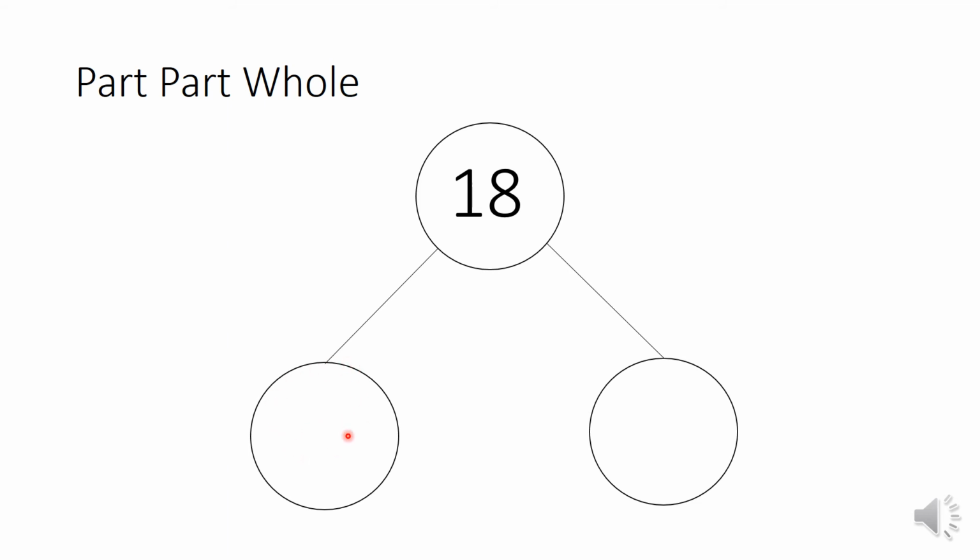Remember that circle is showing us our tens. Well done, I am going to write the number 10. And what number am I going to write in this circle to show the ones? 8. Well done, because 10 and 8 make 18.